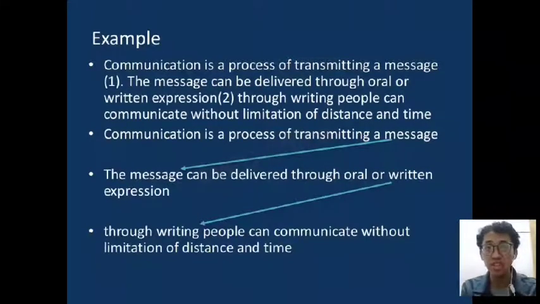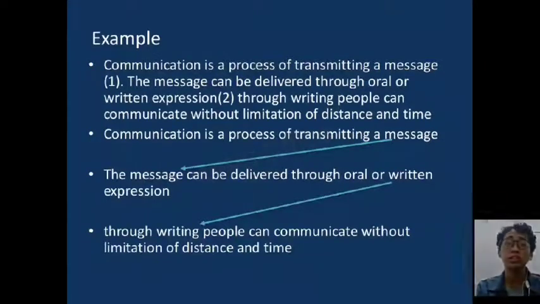Here, the message is the theme, and the rest of the sentence is the rheme. And then the third sentence: through writing, people can communicate without limitation of distance and time. Here, through writing is the theme of the sentence, and the rest of the sentence is the rheme.